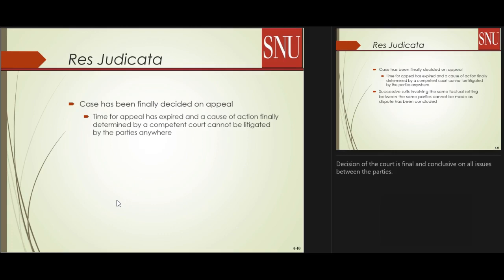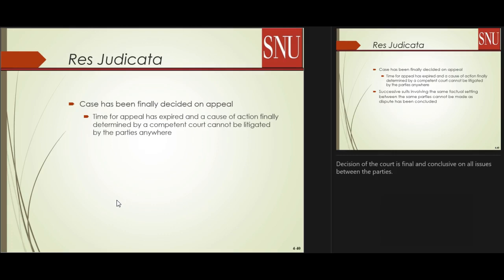Time for appeal is expired. The case is finished. It's then called res judicata. This determination by a competent court cannot be litigated by the parties again anywhere else. Do not get confused that because of res judicata you cannot have two very similar cases, one in state court and one in federal court. Those are two separate cases.